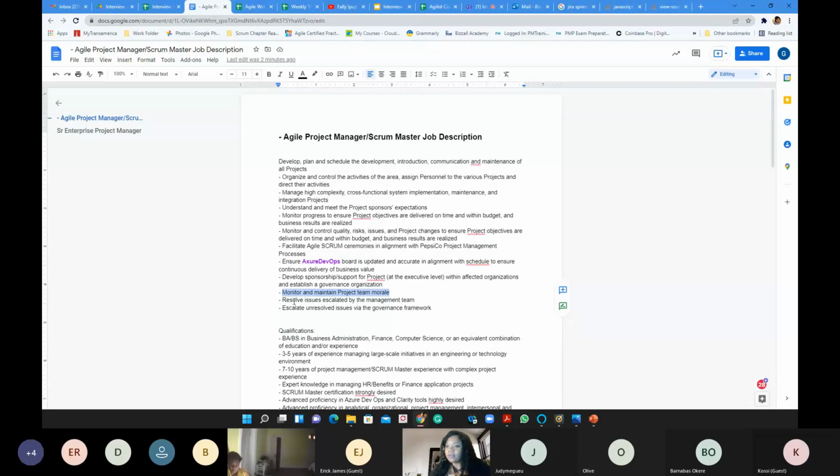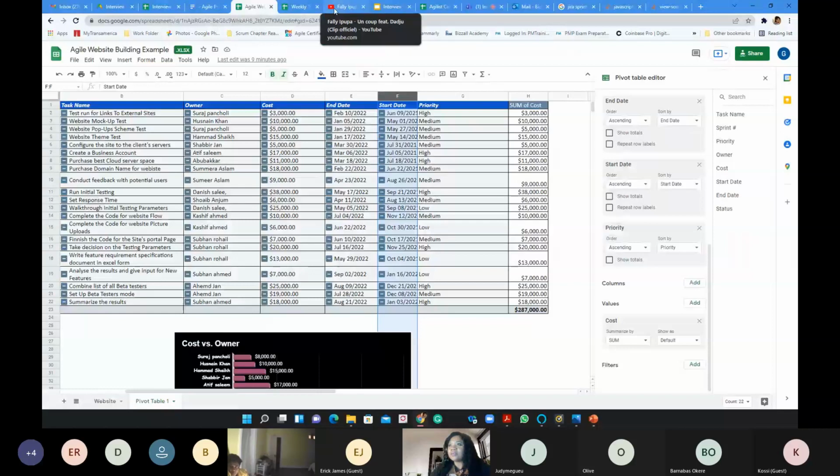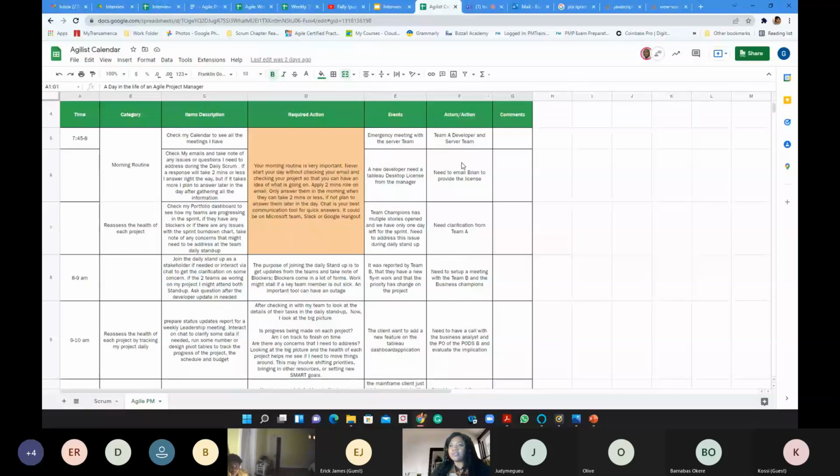Resolve issues escalated by the management team. So when an issue is escalated to you, you have to resolve that. For instance, I told you that an issue of somebody needs, the server is not working, or somebody needs a license maybe for his desktop server, and you are the one facilitating that, or somebody needs some permission to access Azure DevOps, and you are the administrator, you have to facilitate that.